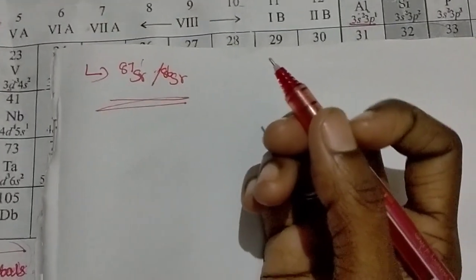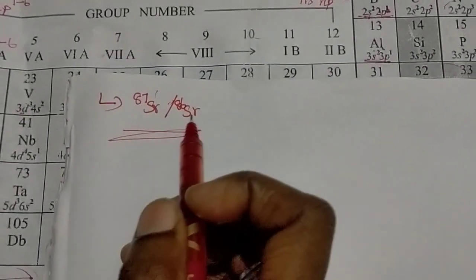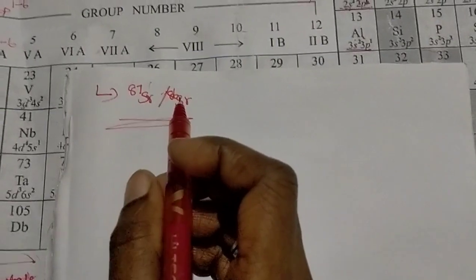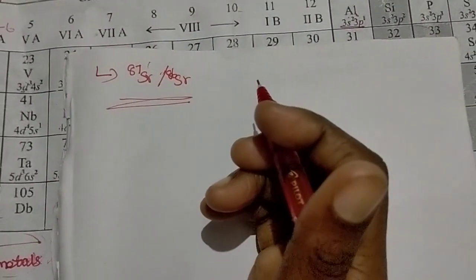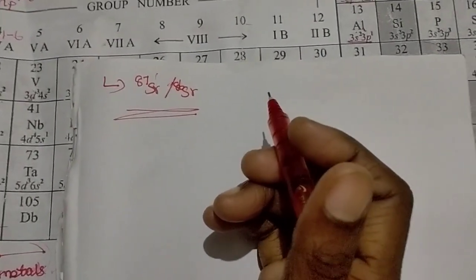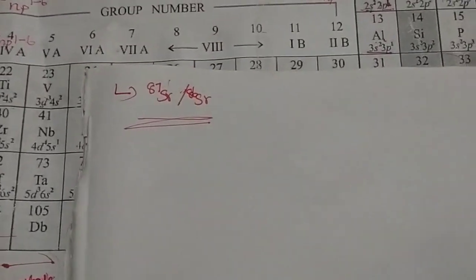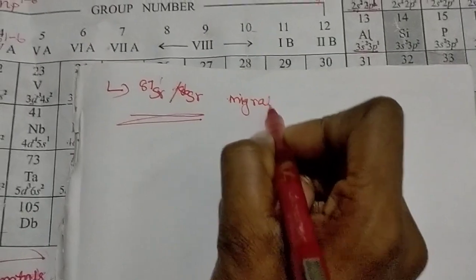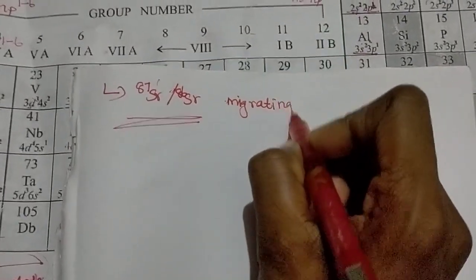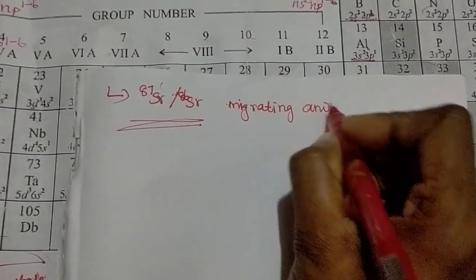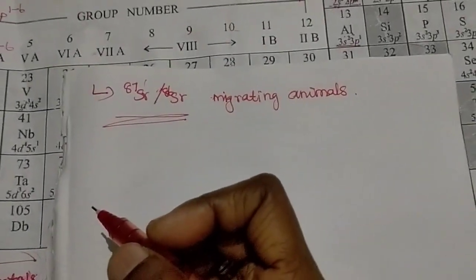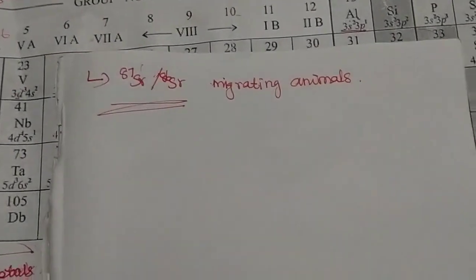For marine investigation we use strontium-87 and strontium-86, and also for teeth investigation, tracking migrating animals, and also for criminal forensics.